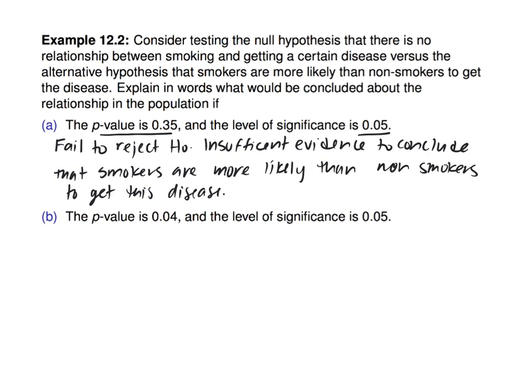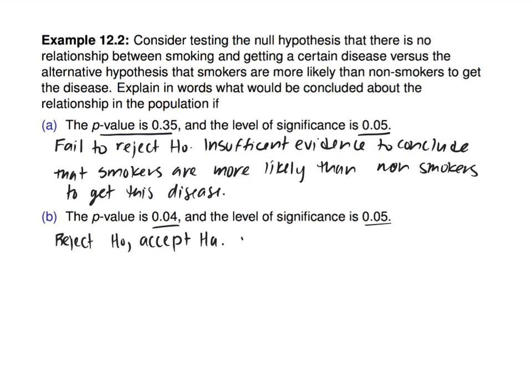Okay, the p-value is 0.04 and the level of significance is 0.05. Well, since our p-value is less than our significance level, in this case we would reject H naught and in favor of the alternative, accept HA.